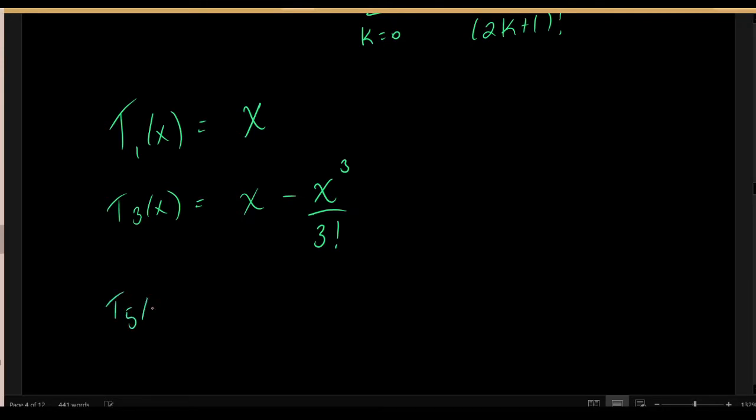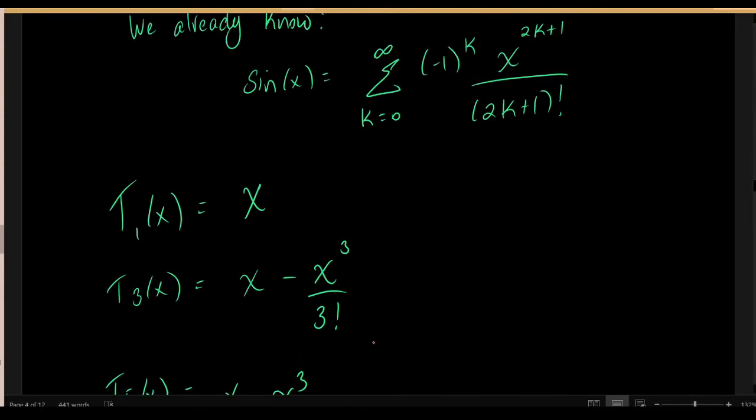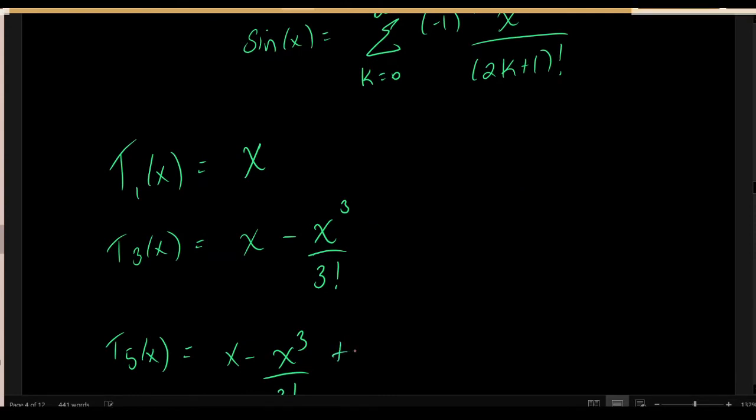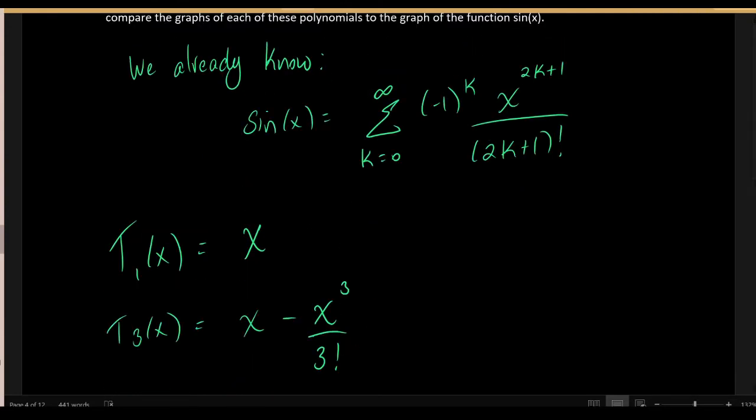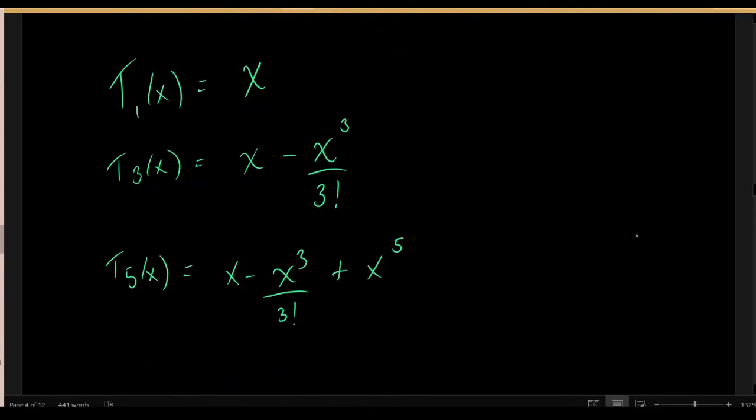T sub 5, however, we get to go all the way up to a fifth power. So we have the terms from before, and if we keep writing the series, the next quantity in the series would correspond to k equals 2. So negative 1 to the second power is positive. Then we have x to the power 2 times 2 plus 1, x to the power 5, divided by the matching factorial, 5 factorial.